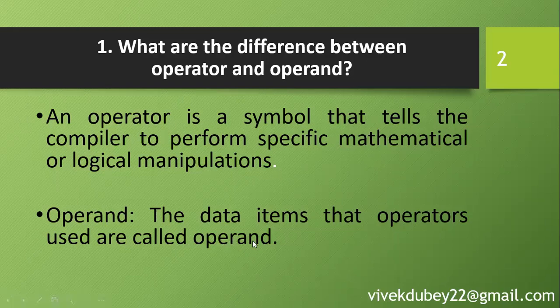Say C is equal to A plus B. Now here C is the result, A and B are the operands, and plus is the operator. So ultimately the operator does the operation on the operand, and operand is nothing but a value.